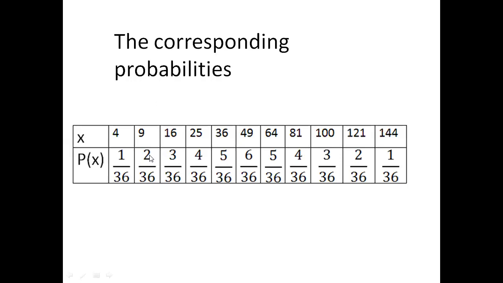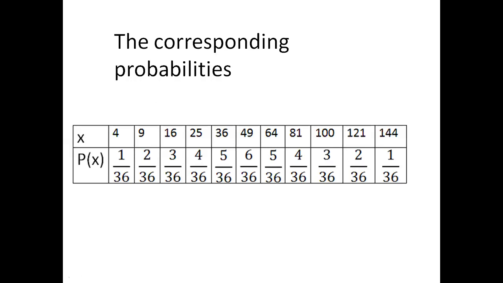1 plus 2, 3; 3 plus 3, 6; 6 plus 4, 10; 10 plus 5, 15; 15 plus 6, 21; 21 plus 5, 26; 26 plus 4, 30; 30 plus 3, 33; 33 plus 2, 35; 35 plus 1, 36. 36 divided by 36 is equal to 1.